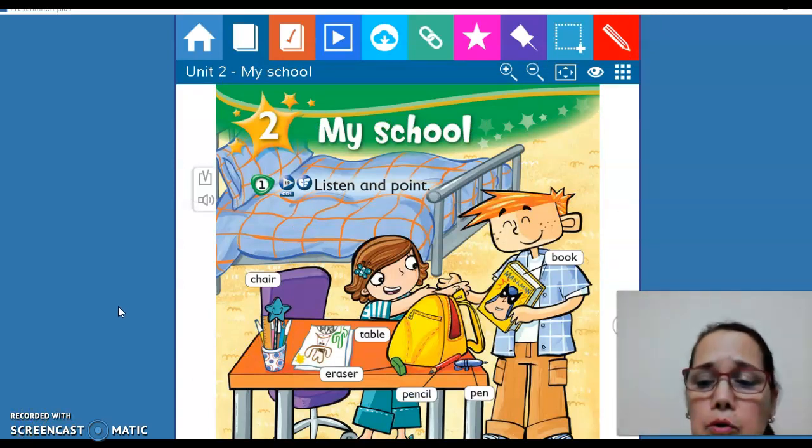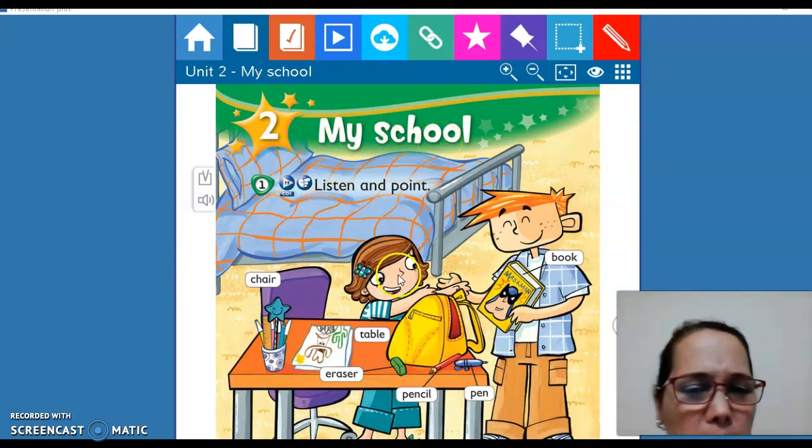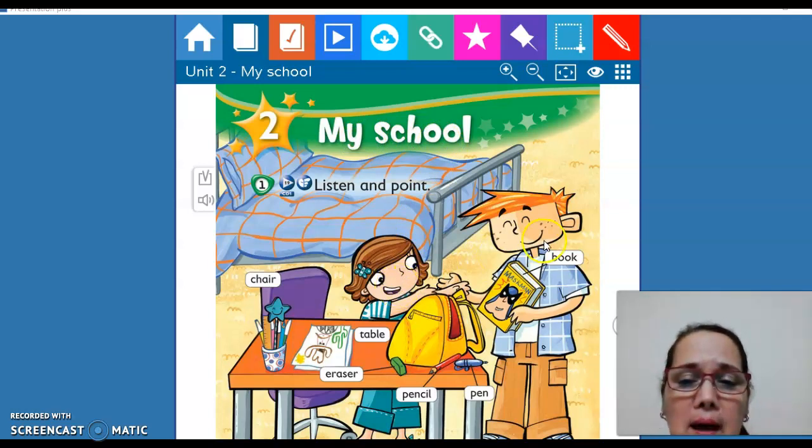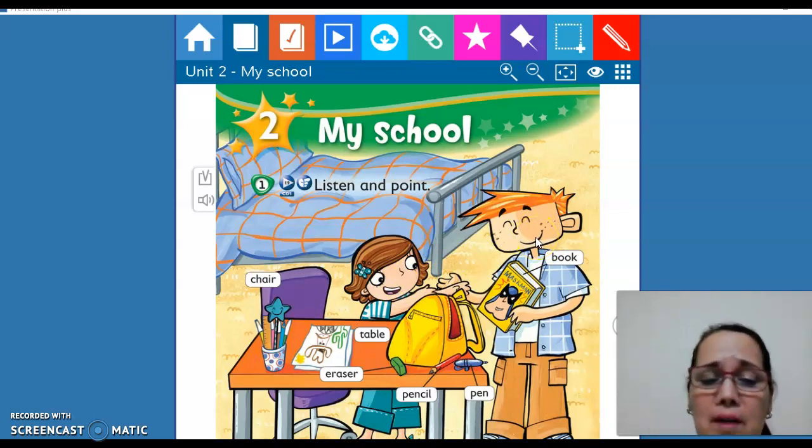Please take out your pupil's book and open at page 10. Pupil's book, page 10. Unit 2, My School. Do you remember who's she? Yes, she's Susie. And who's he? Yes, it's Simon. Very good. Can you see a star?